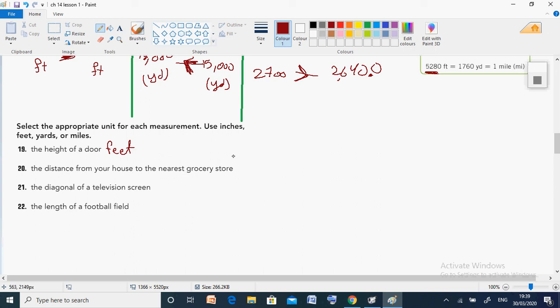Here you have to use miles: 1.5 miles, 2 miles, 3 miles, 5 miles. It's better than saying the distance from my house to the nearest grocery is, for example, 15,760. Okay, so you can use miles.